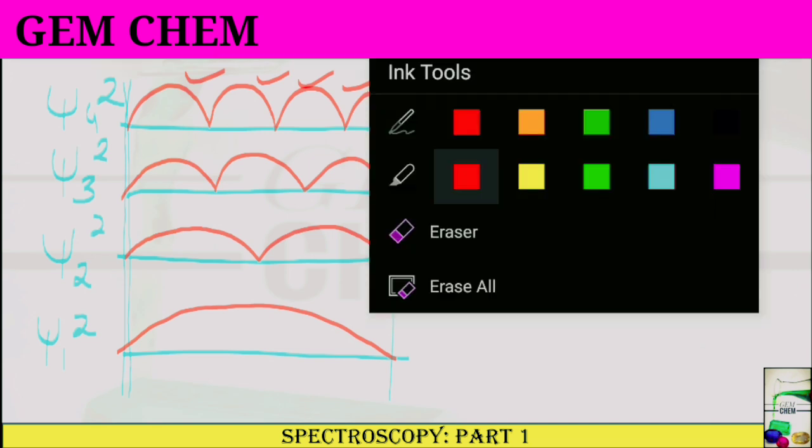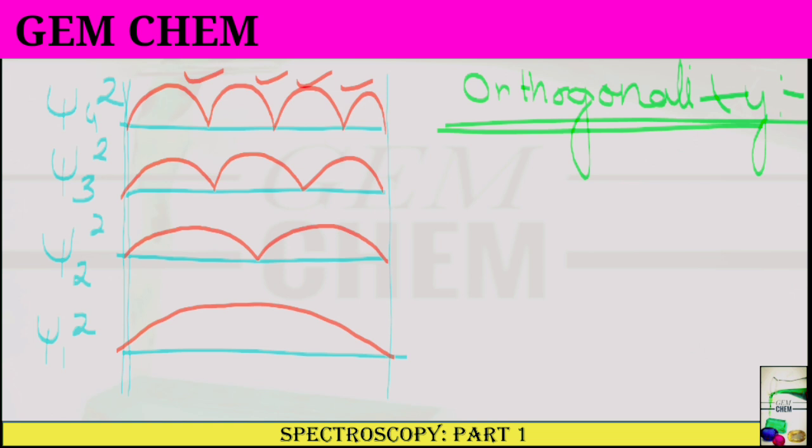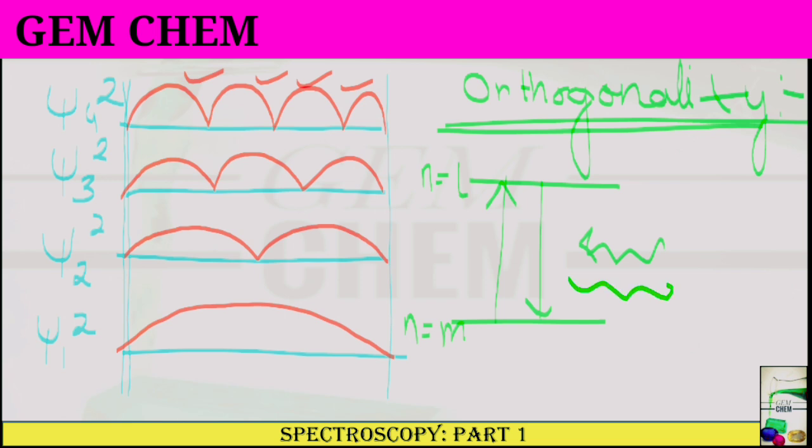Now the next one which is important for us to understand is orthogonality. When the electromagnetic radiation matches the energy differences, there will be a transition. Suppose you consider this as n equal to L, this is n equal to M, then once it goes up, it comes down due to absorption as well as emission, and this is your xi m and xi l.